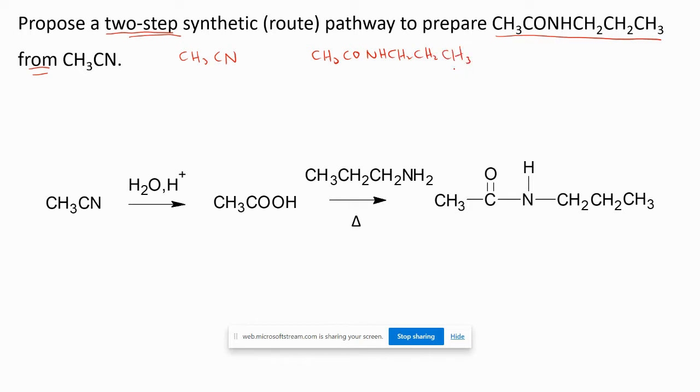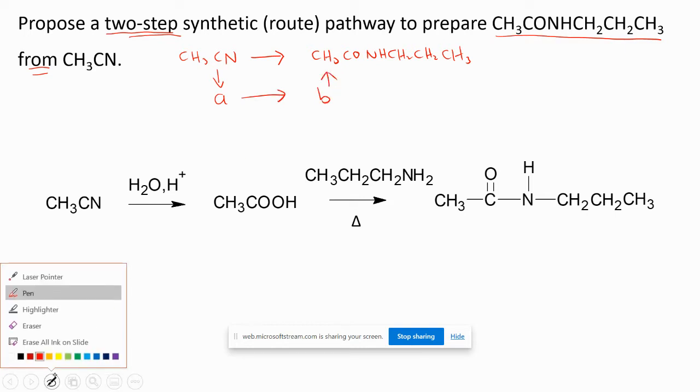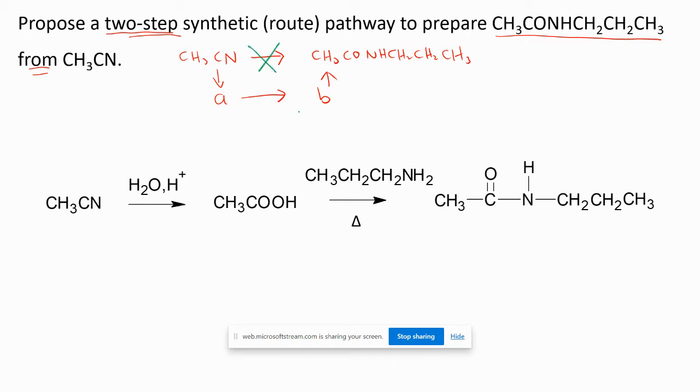Now some students, what they will do is they draw an arrow here, and then they start to have the synthetic pathway. For example, I put A, and then I put B, and then I get the final answer. This kind of writing method is incorrect, because it says 2 steps, which means that the nitrile compound cannot be straight away converted to amide.